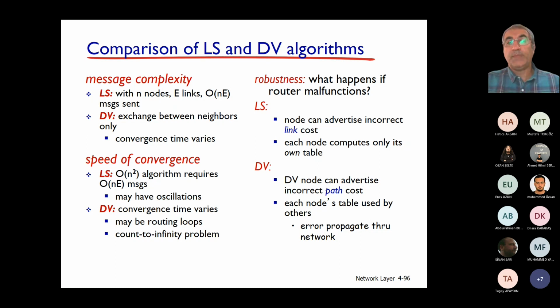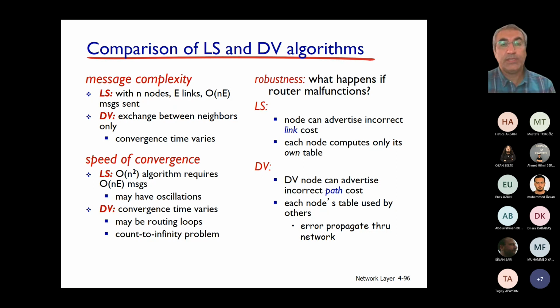In the DV, it's really hard to calculate this complexity because it depends on the number of neighbors and so on. It exchanges between neighbors only, and the convergence time varies depending on the topology, of course.